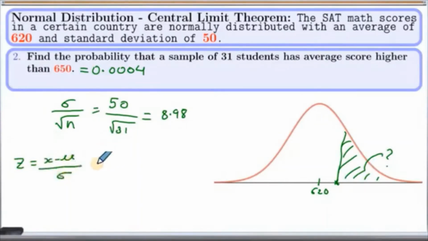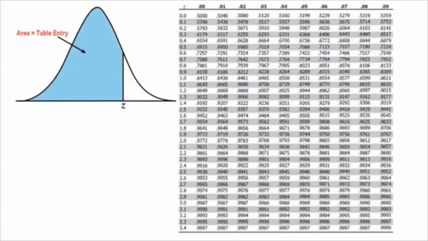the standard deviation. So our x is 650, our mean is 620, and our standard deviation is, we'll be using this number, which is 8.98. This comes out to be 3.34. Now let me pull up the table on the screen, and let's find the area for the z-score of 3.34.